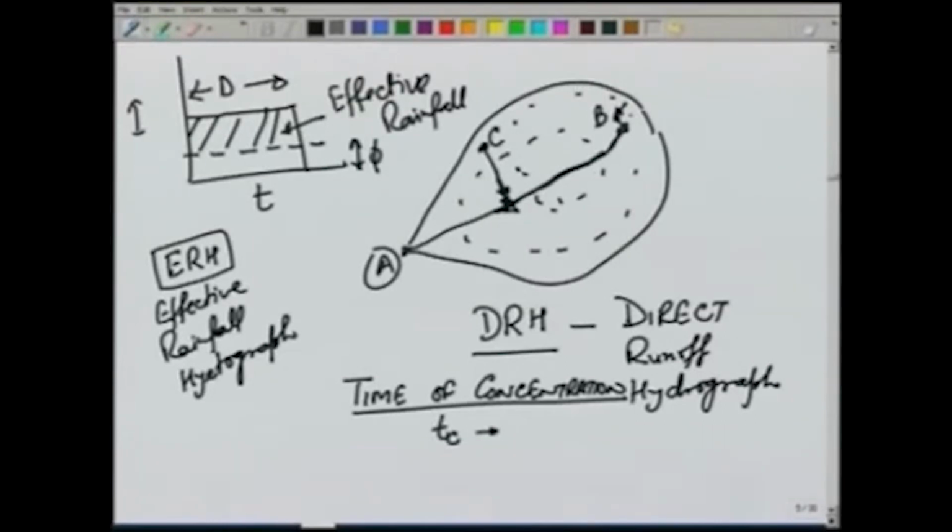So, there is a maximum time, in this case it may be a point somewhere here or here. So, it will have to cover a lot of area over land and then will reach the stream and move to the point A. So, time of concentration is an important parameter in the hydrographs.